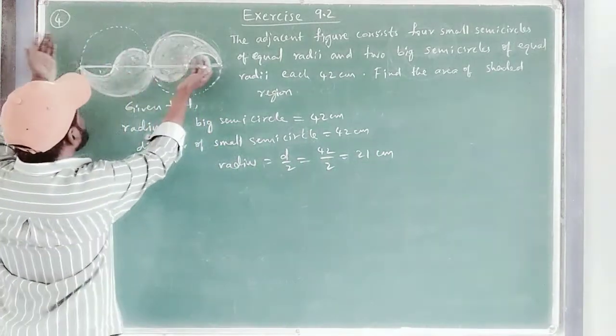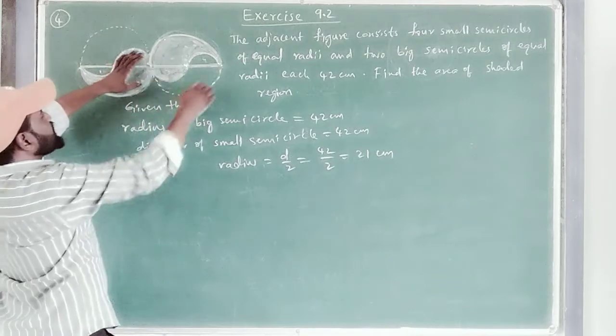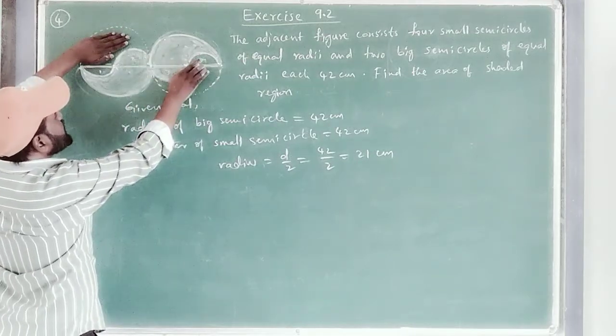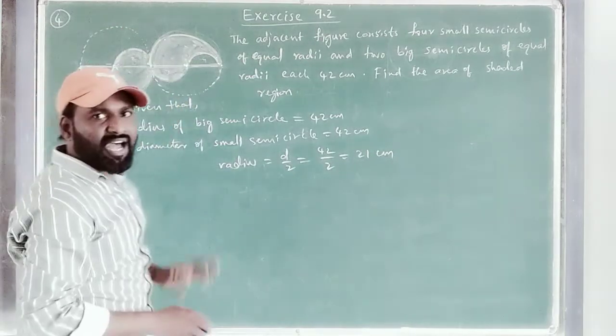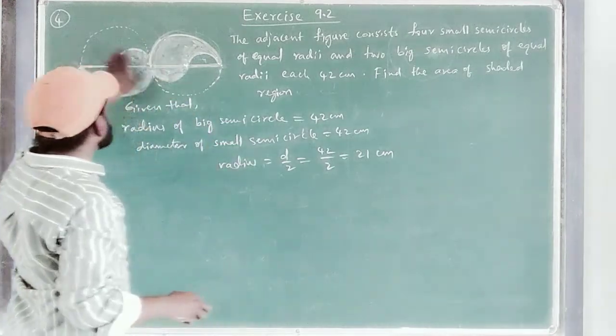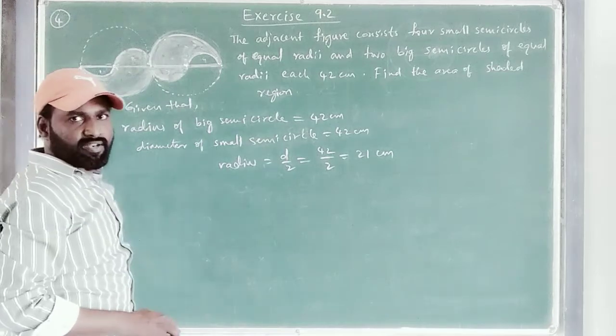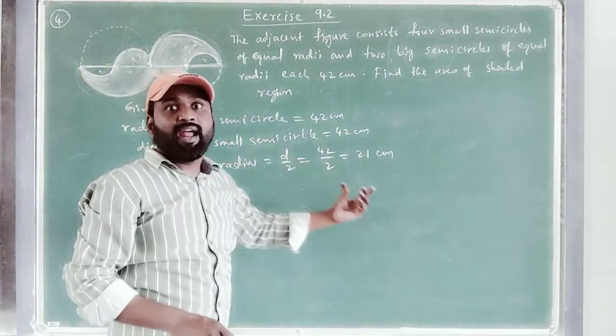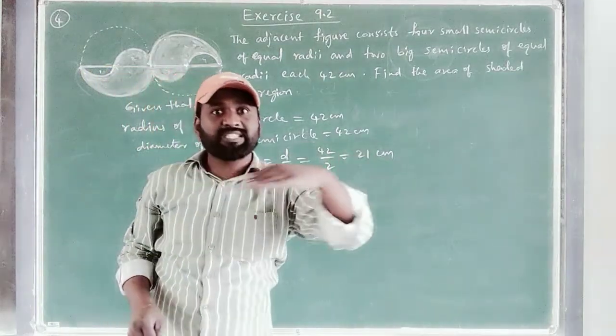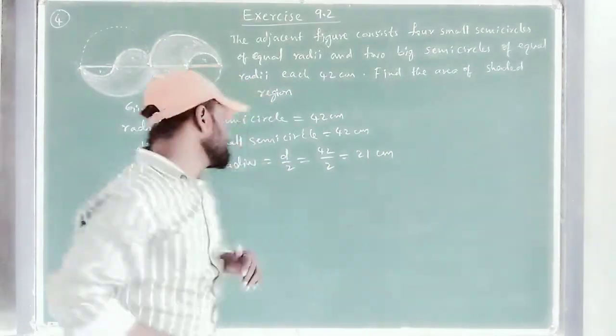Now when I imagine lines like this, half the portion is shaded, half the portion is unshaded. This side and this side make half, these two make half, right? That means it becomes like a half circle, a full circle's worth of shaded area.